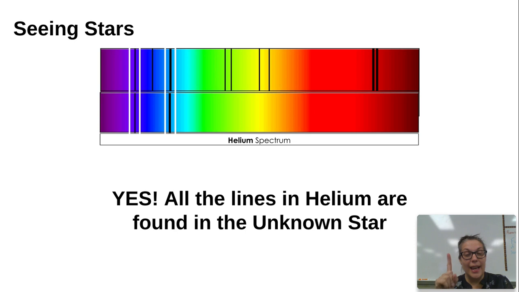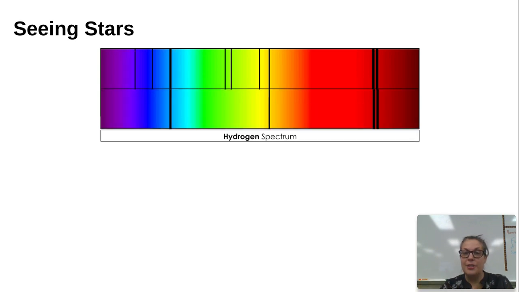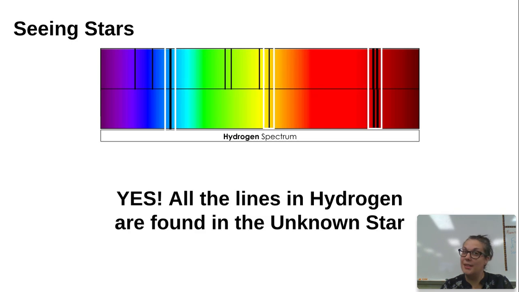The star can have extra lines. Hear that? The star can have extra lines. The element cannot. Let's try it again. Hydrogen. What do you think? Yep. It's there.